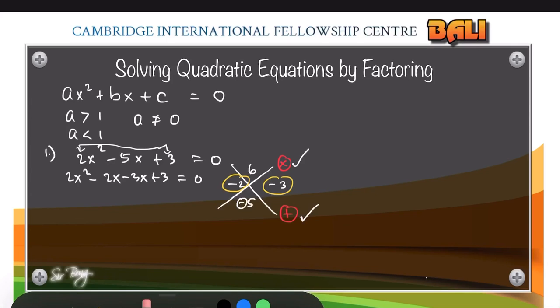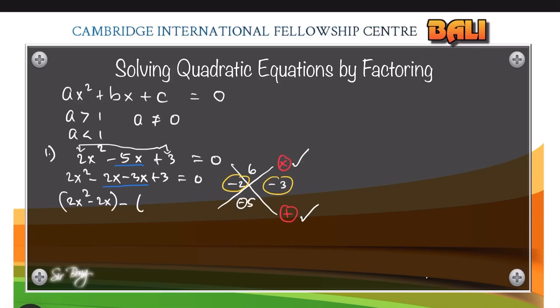So again, take note that the negative 5x is just the negative 2x and the negative 3x in the second line. We split the middle term negative 5x into negative 2x and negative 3x. Then from there, we group 2x squared minus 2x, then minus.